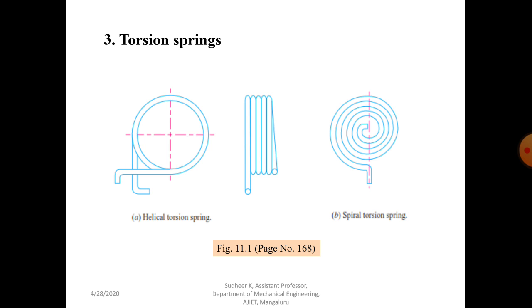Because of the bending moment, bending stress is induced in this spring. So it is torsion only by name, but the stress induced in this type of spring is always bending in nature. The spring may be subjected to tension or compression, but here the stress induced is bending stress.